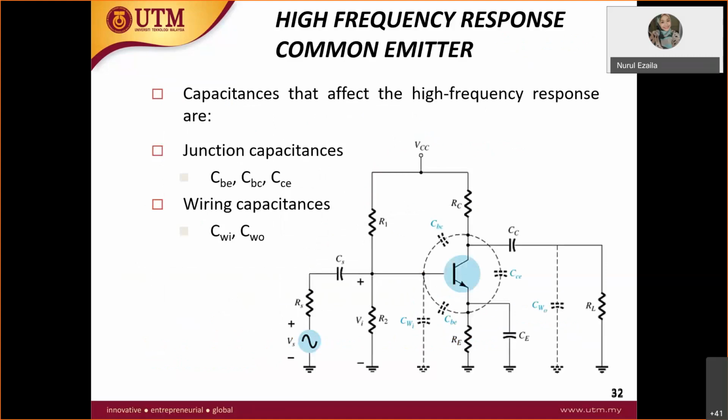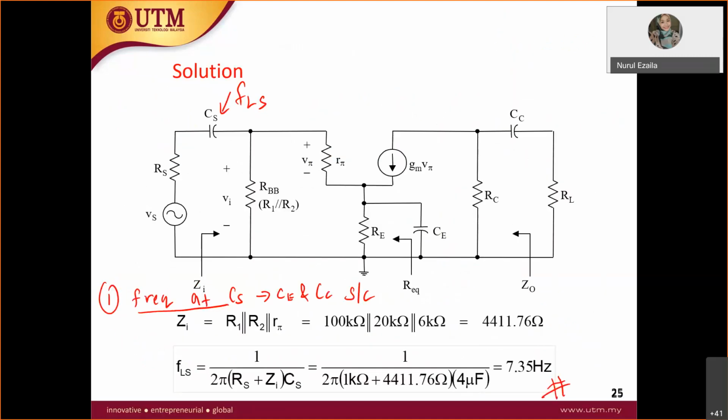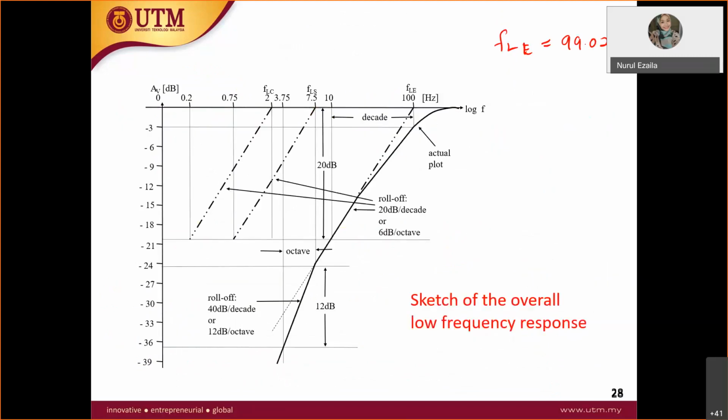The second highest is FLS, 7.35. And FLC is 2 hertz. So you have 1, 2, and 3 frequencies. So how do you draw it? Like I said, take the highest frequency.